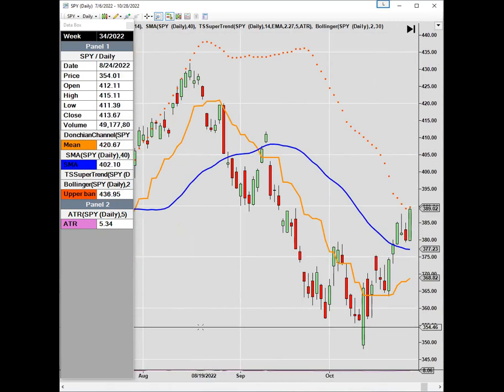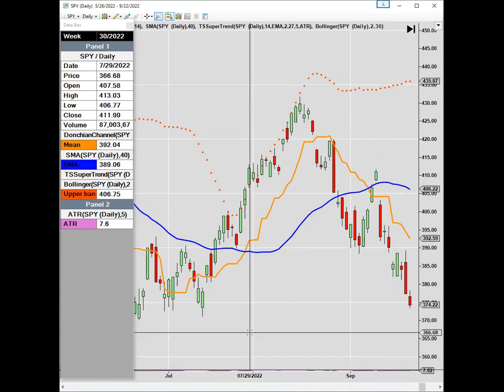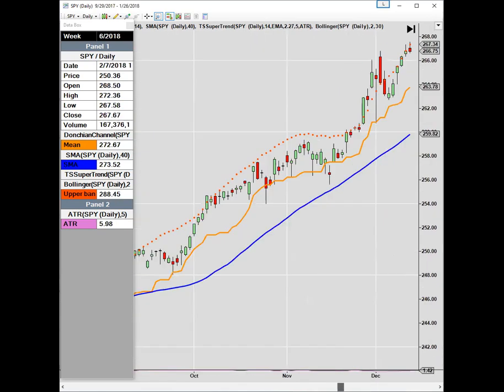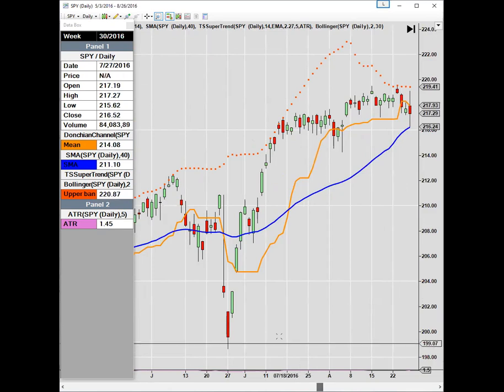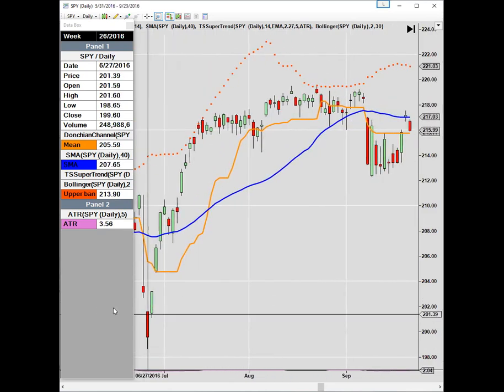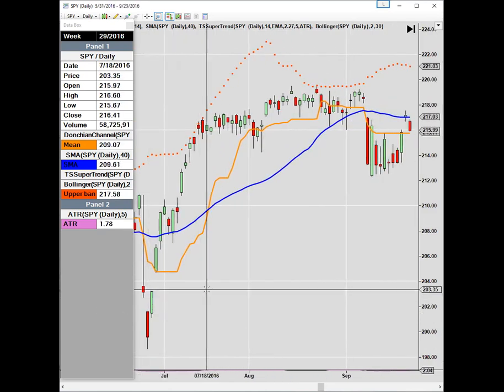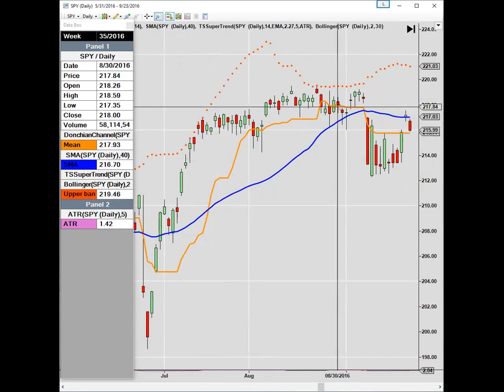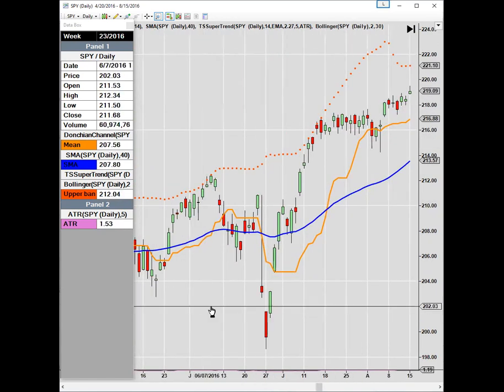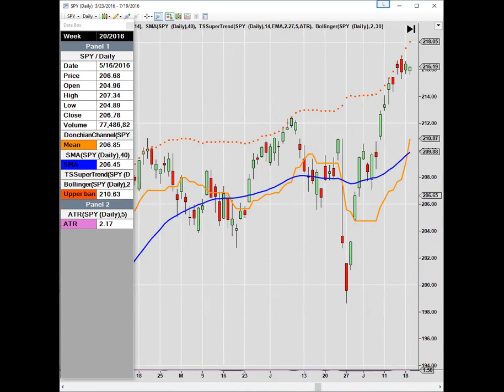Let's take a look at some of our big moves, this one here. This is in a trend. We catch the move, and this trend just continues. But it tends to happen after a decline for this particular strategy.